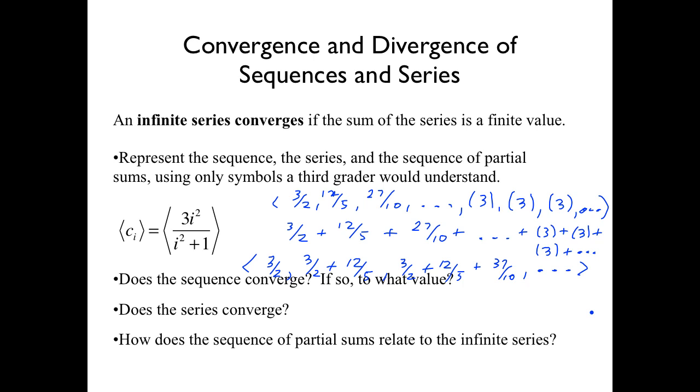When i gets big, we're just going to keep adding 3, and the sequence of partial sums is like the accumulation of all terms up to the kth term. We sum them all up to a point, and then sum all of them up to the next one. Then the limit of that sequence is just going to be infinity because we keep adding 3. Does it make sense? 6 is an example.